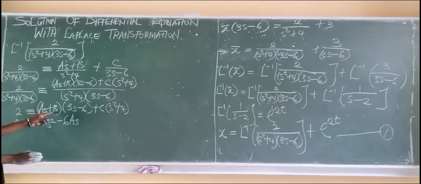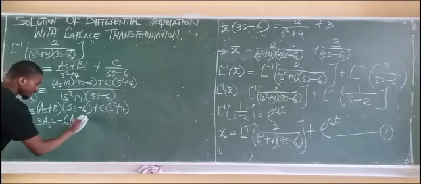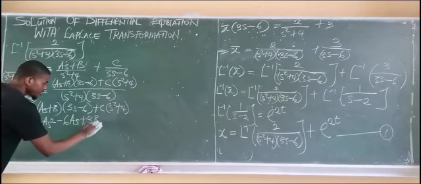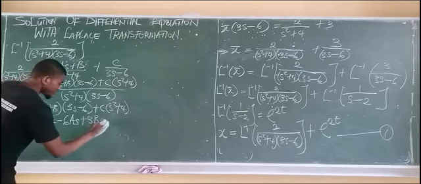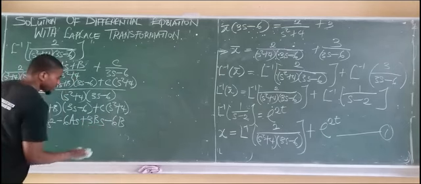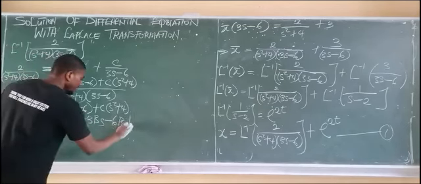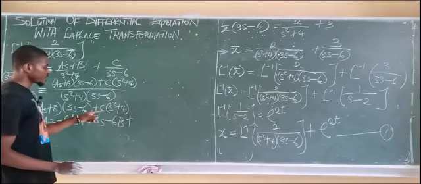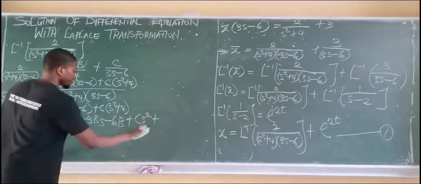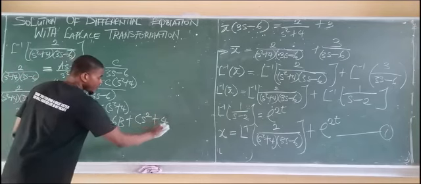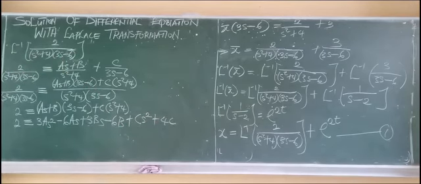Finally, I will use plus B to also expand these brackets. Plus B times 3s will give me plus 3Bs. Also, plus B times minus 6 will give me minus 6B. Next, I will expand now with C. So C times s squared will give me Cs squared, plus C times 4 will give me 4C. All right, so I have this.